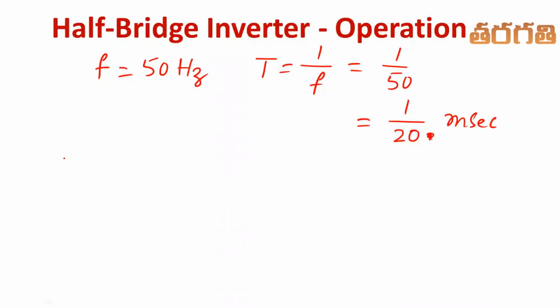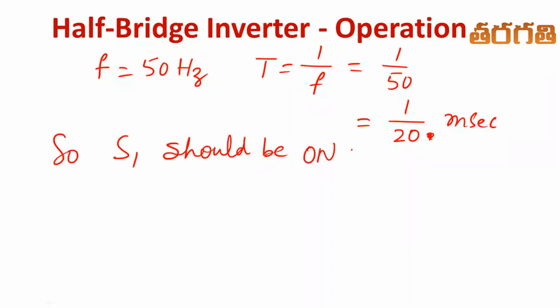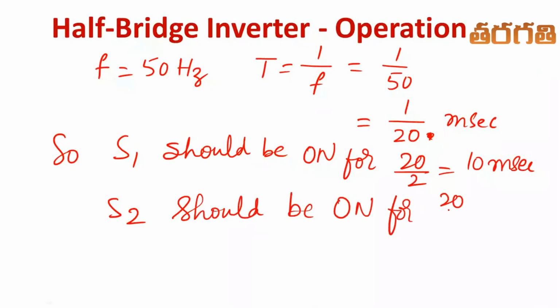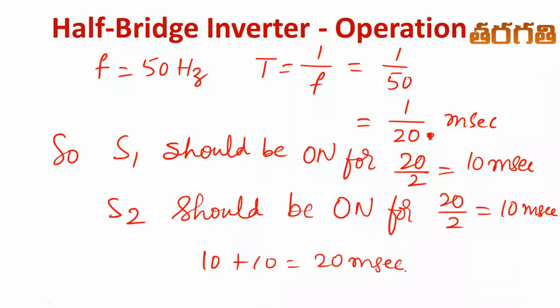So S1 should be on for 20 by 2, that is 10 milliseconds, and S2 should be on for 20 by 2, 10 milliseconds. So 10 plus 10 is equal to 20 milliseconds.